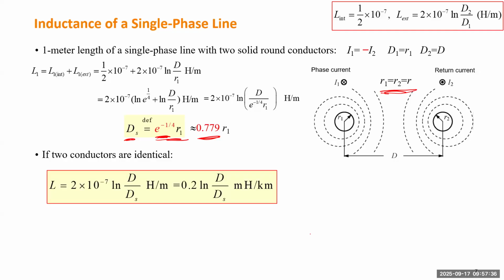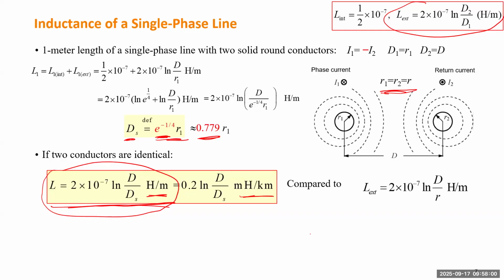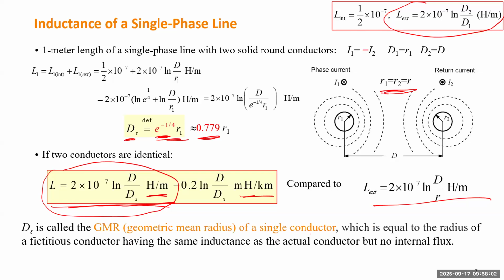So the inductance of each conductor will be this formula. You see this formula basically has the same form as the formula for external inductance. Depending on what unit you use, Henry per meter or millihenry per kilometer, you can choose between the two formulas. So this has the same structure as external inductance.